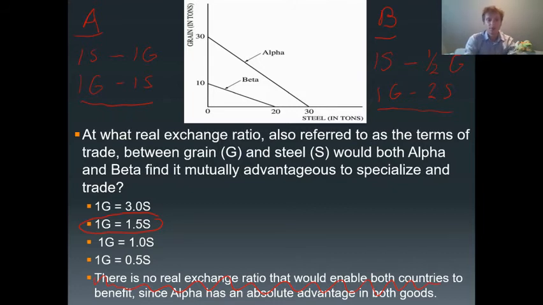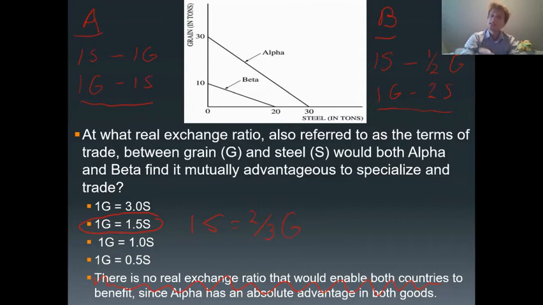The other way to look at this is, does this work if you turn it into steel for grain? If you did this for steel for grain, 1 unit of steel should then equal the reciprocal of 1.5, so 3/2 turns into 2/3.